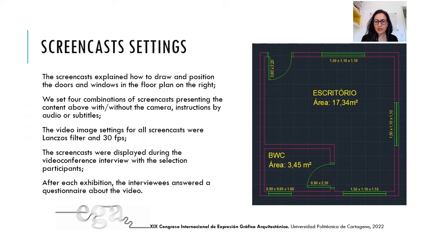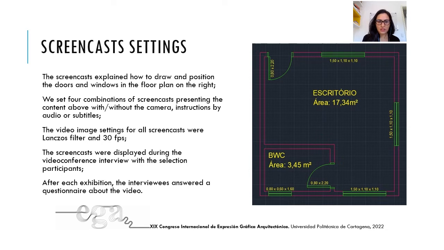As mentioned in the methodology section, each screencast exhibited during the interview phase was set with the following settings. The screencast explained how to draw and position the doors and windows in the floor plan on the right. We set 4 combinations of screencasts presenting the content with or without camera, instructions by audio or subtitles.